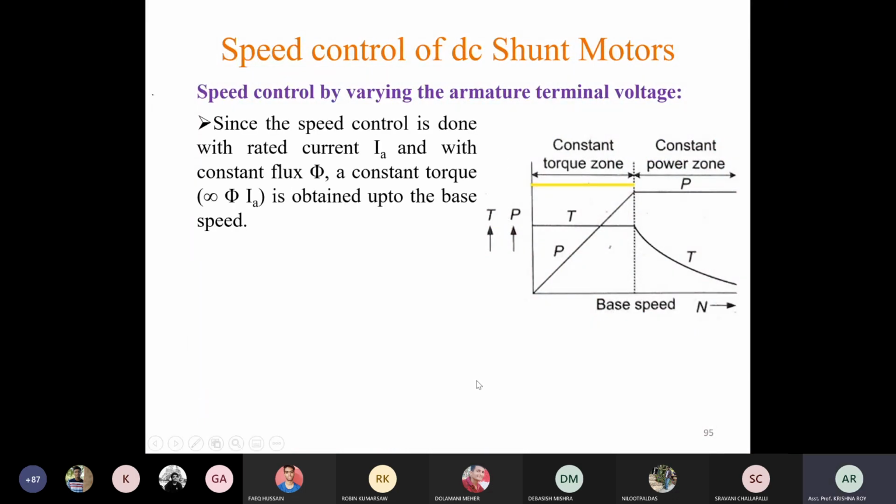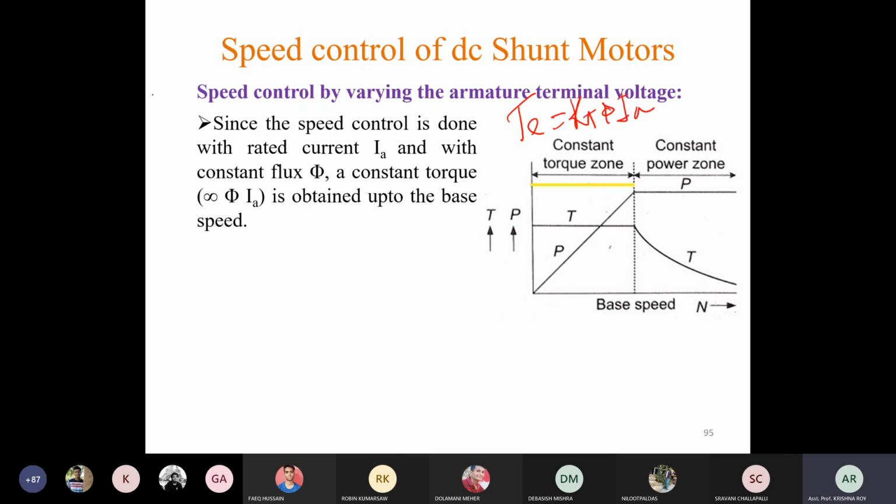Now in this method we can see the speed control is done with rated current. Since this is a shunt motor and we have applied one separate voltage source to excite the field winding to keep the field flux constant, we will get a constant torque, because we know torque is equal to kt phi ia.